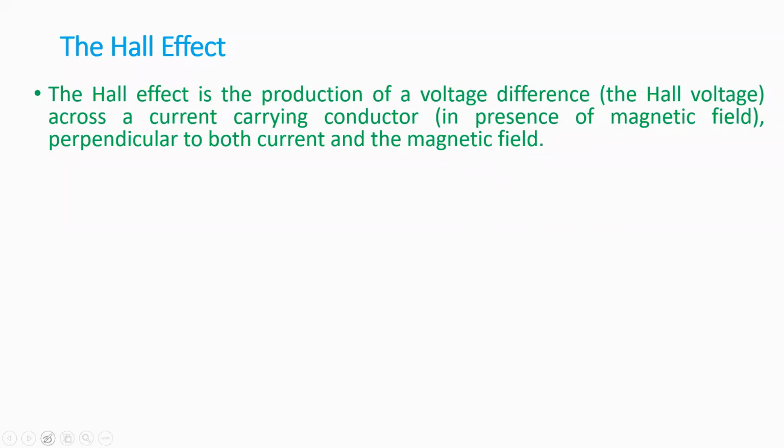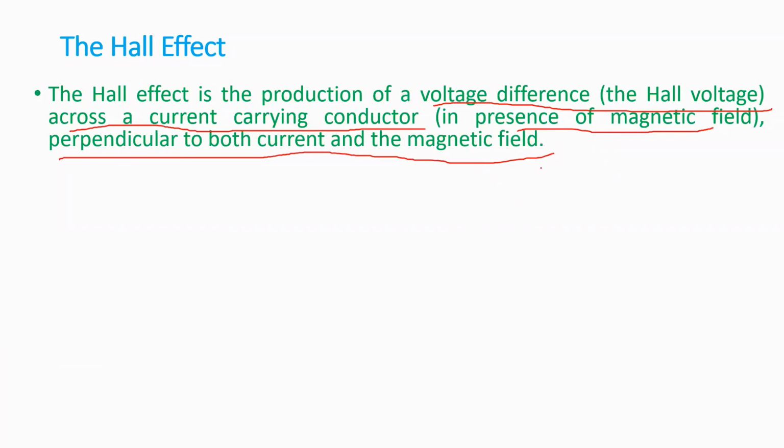So we already know that Hall effect is the production of a voltage difference, the Hall voltage, across a current carrying conductor in the presence of a magnetic field perpendicular to both current and magnetic field.